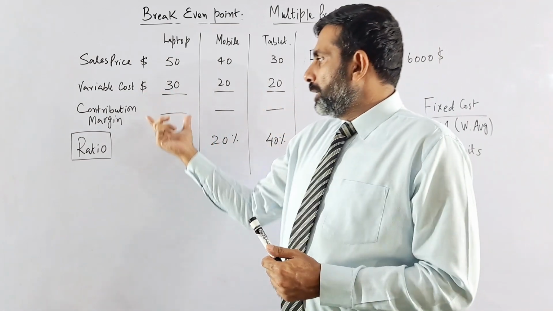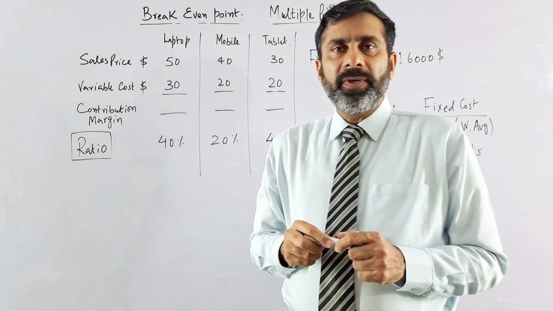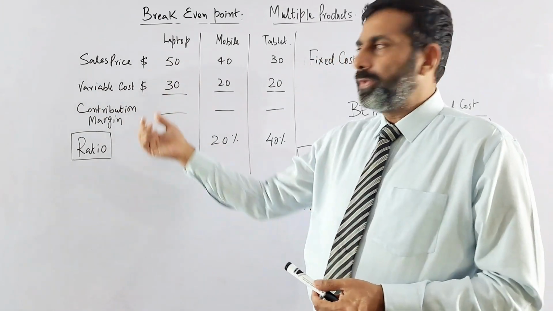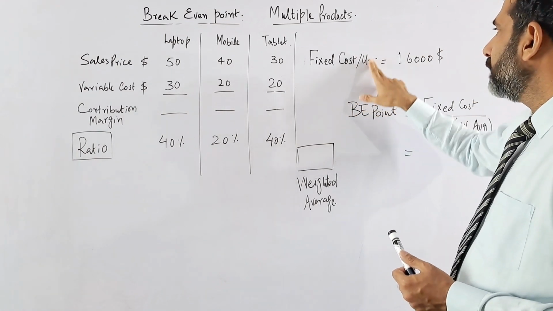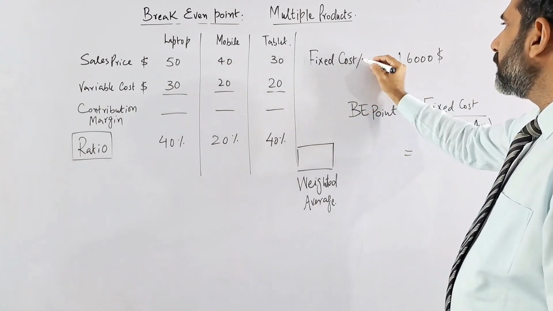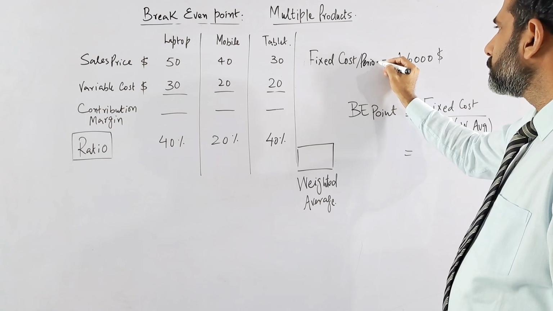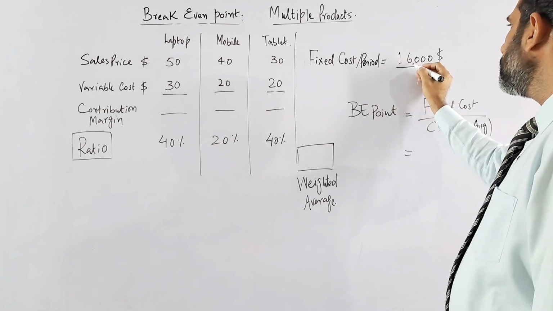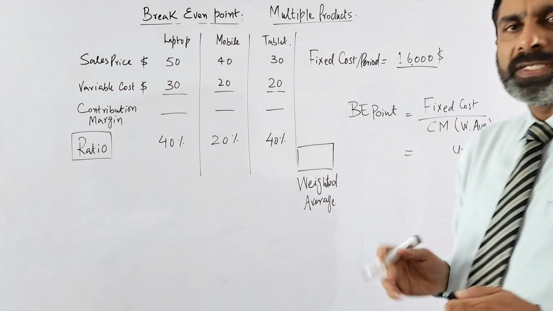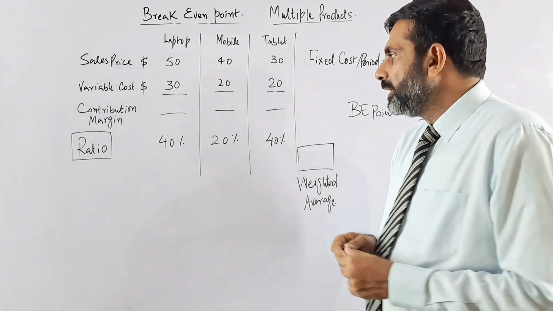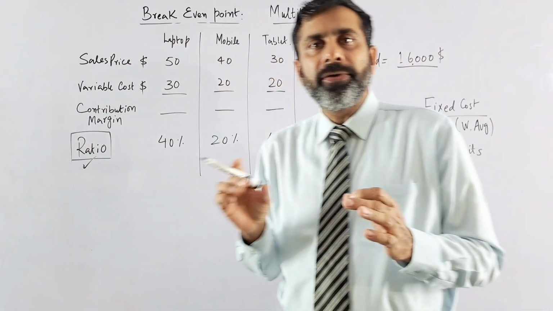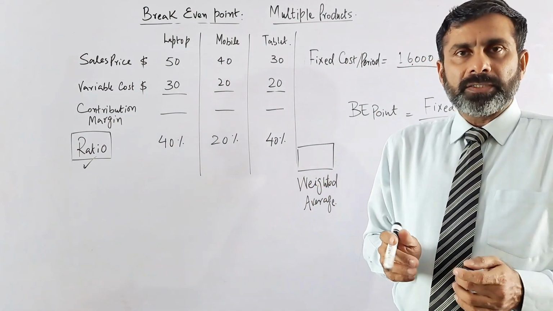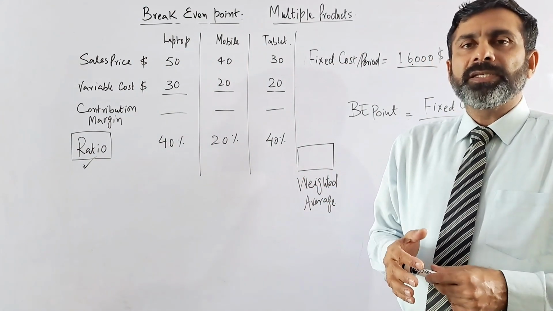Now, we have the basic information: the sale price, the variable cost, and also we know the fixed cost for that period, which is $16,000. But here we need one more piece of extra information, related to the ratio of the products, meaning the combination of the products.